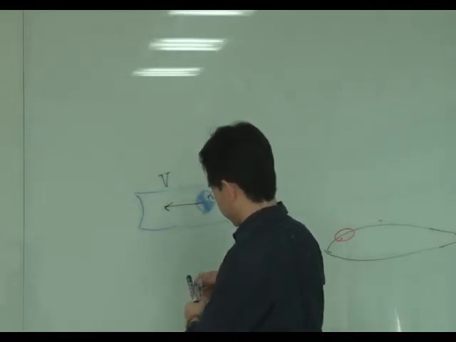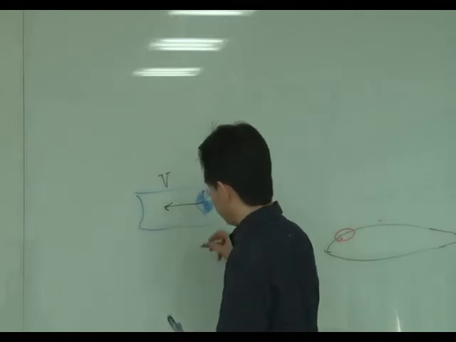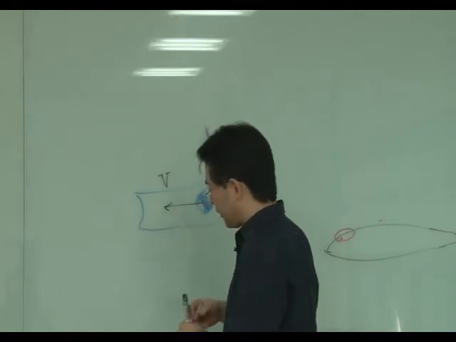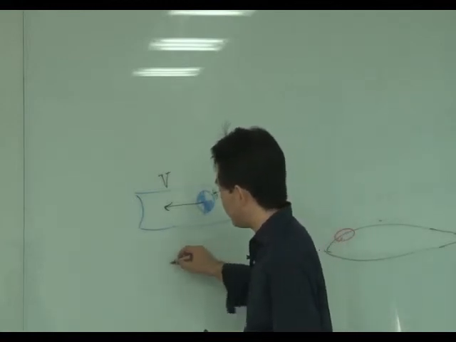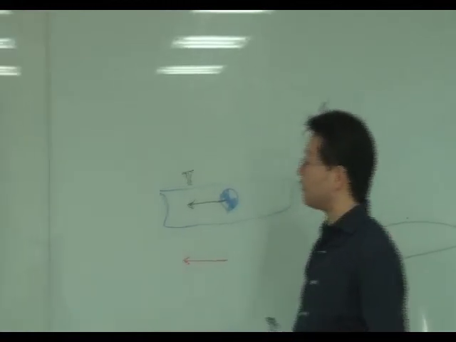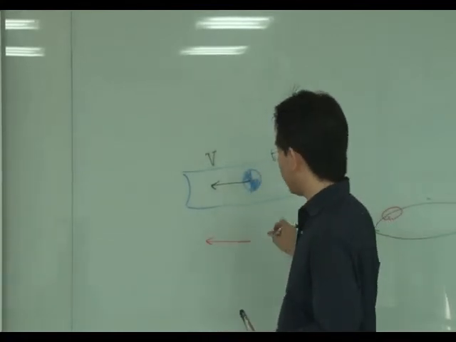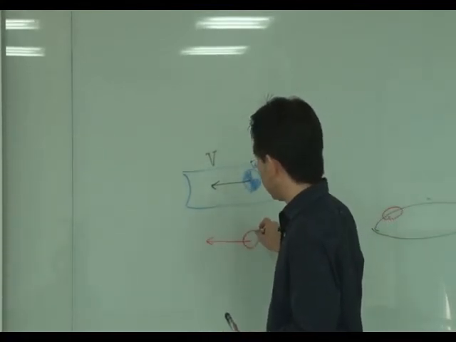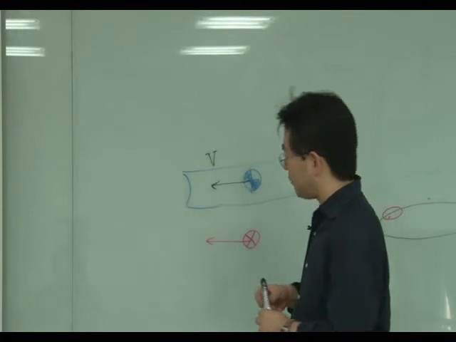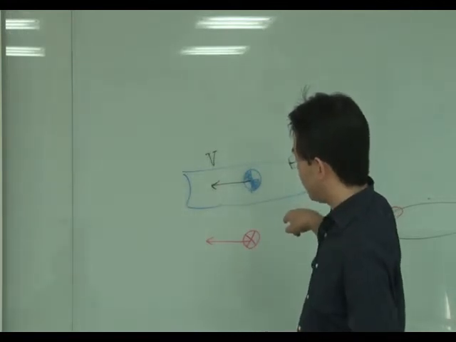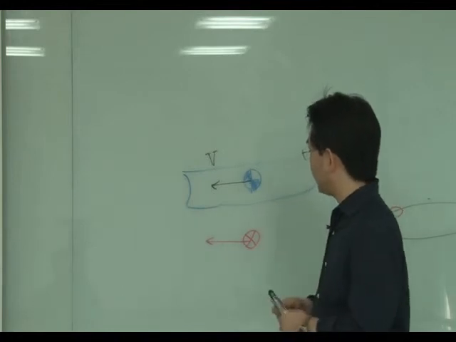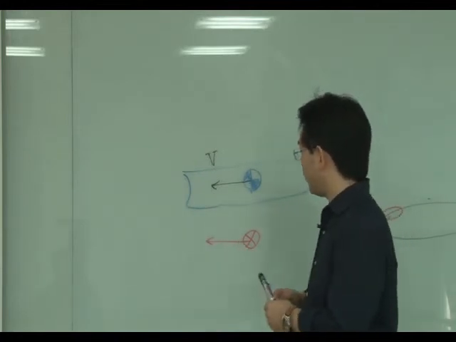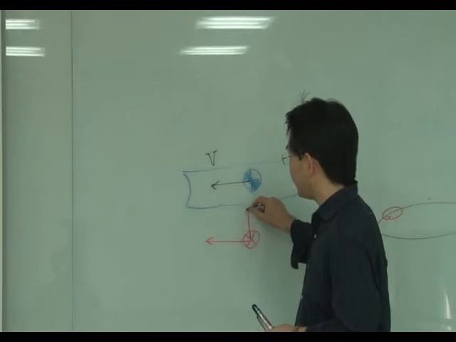So if it has rolling motion, the rolling axis is in this direction, and the pitching axis is in this direction. The pitching axis is normal to this board. And if it has yawing, the component is in this direction.